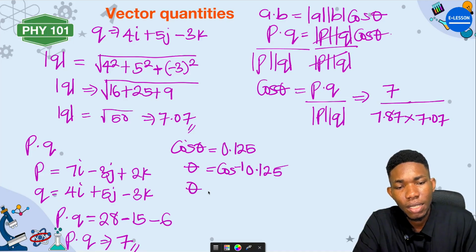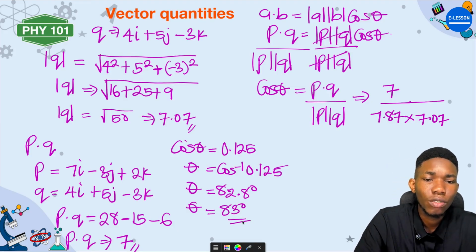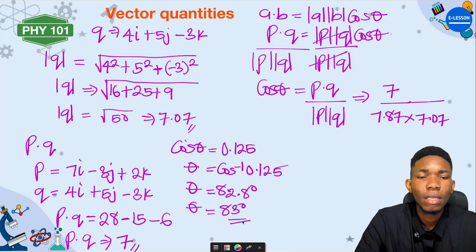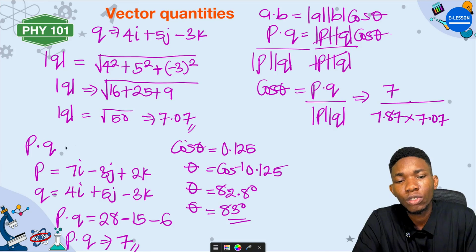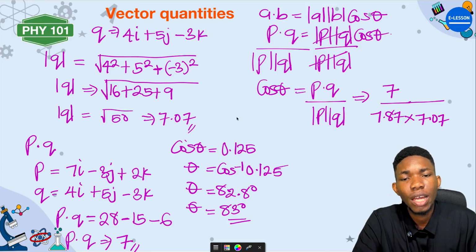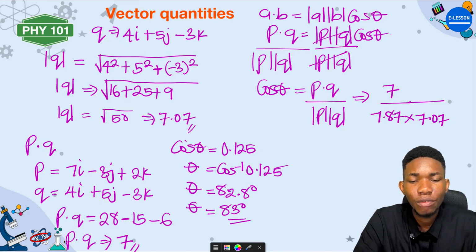It came out in one exam. 82.8 degrees, so theta will be equal to 83 degrees. So this is basically what you are expected to do. If they ask you to find P dot Q, anytime you see a dot product, you follow this approach, everything I have done here. Is that okay? So that is that for that one.